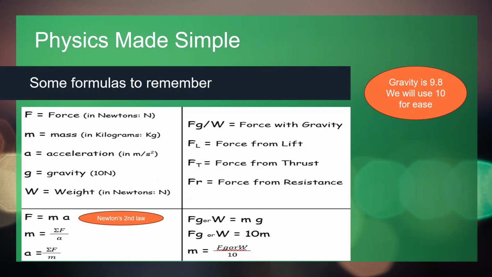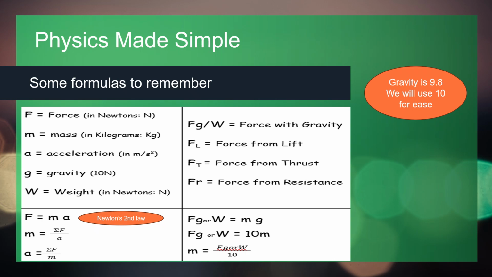So some formulas to remember when we talk about forces is that force is always in newtons, mass is in kilograms, acceleration, the unit is meters per second square, gravity, we will use 10 newtons, even though gravity is 9.8 meters per second square, but we will use 10 just to make our life easier, so 10 newtons.